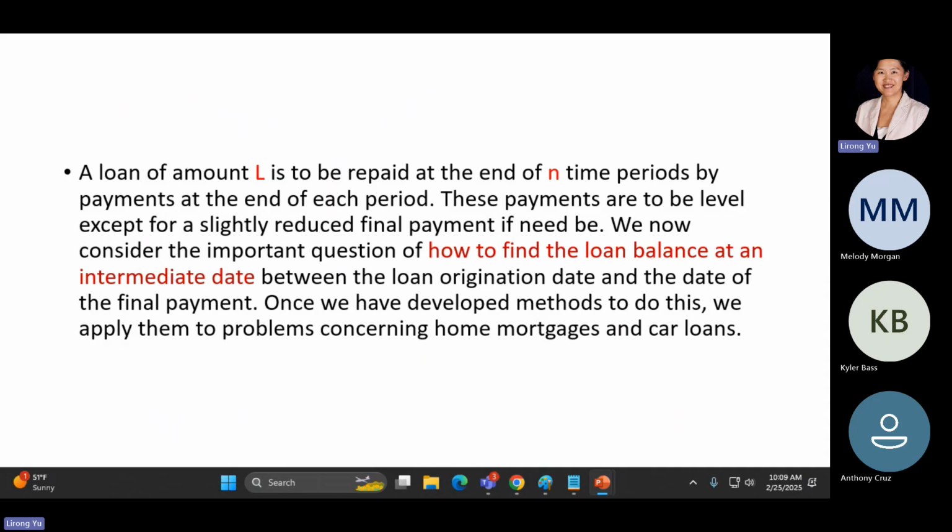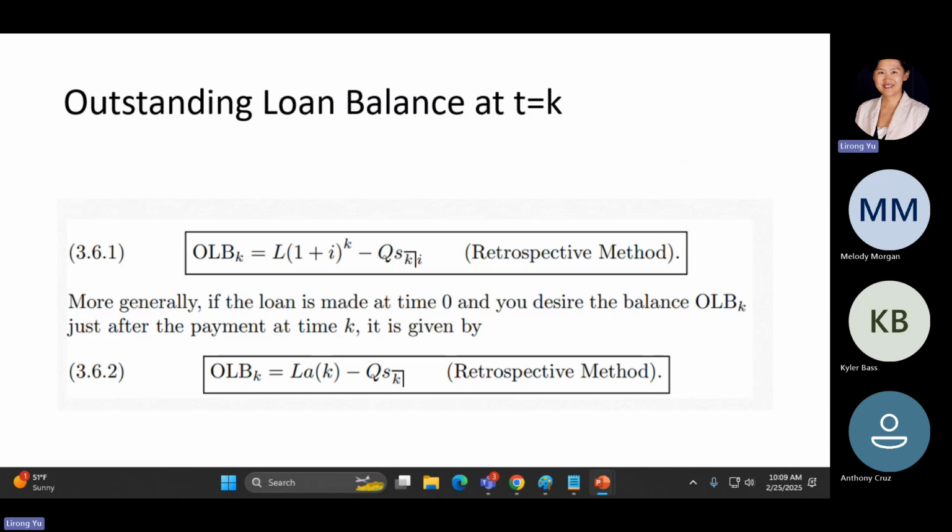So theoretically speaking, there are two methods. One method to calculate outstanding loan balance is called the retrospective method. What you do is find out how much money you owe minus how much money you paid, and the rest will be the outstanding loan balance. But in the process, we have to realize the impact of interest.